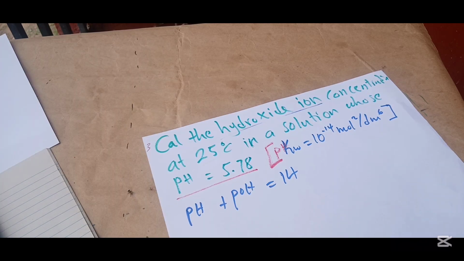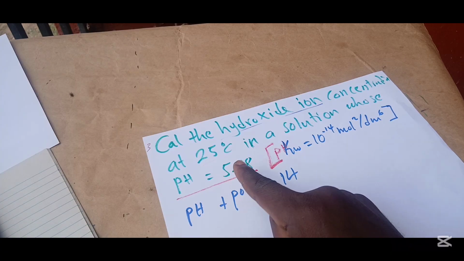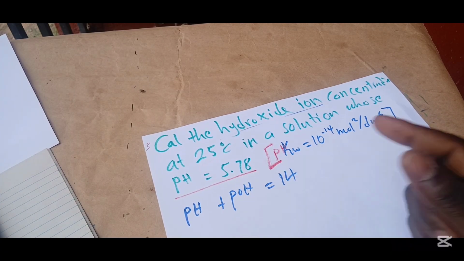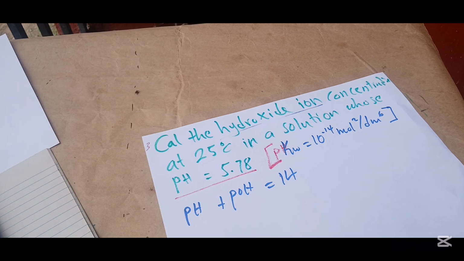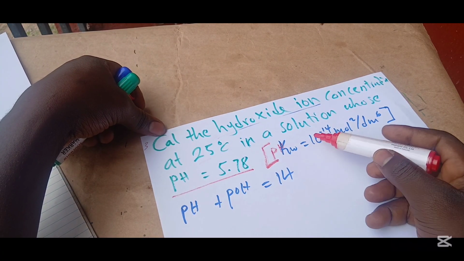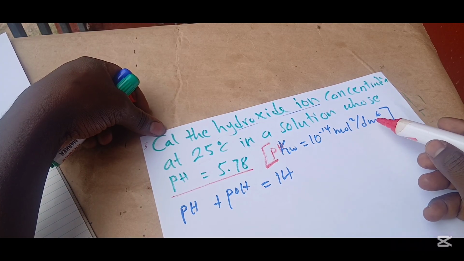Calculate the hydroxide ion concentration at 25 degrees Celsius in a solution whose pH is 5.78. Given that the auto ionization of water Kw equals 10 to the power negative 14 mole squared per dm to the power 6.